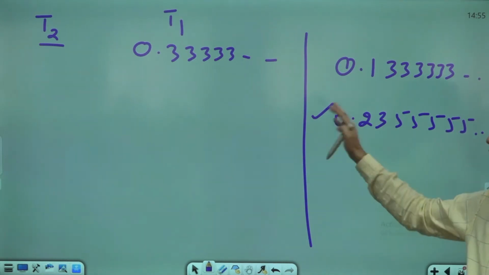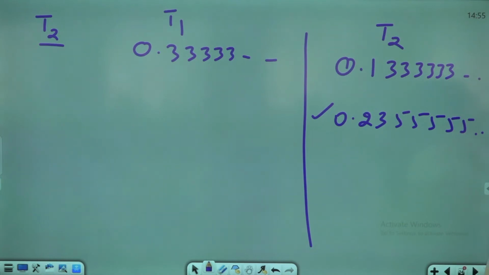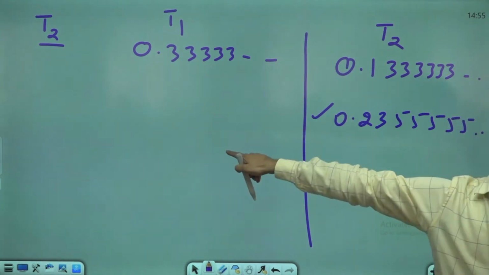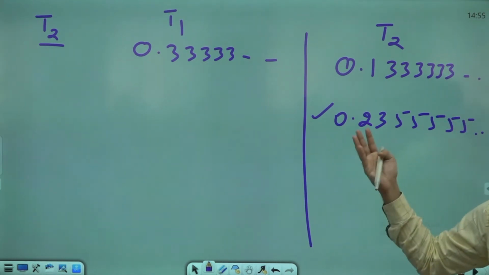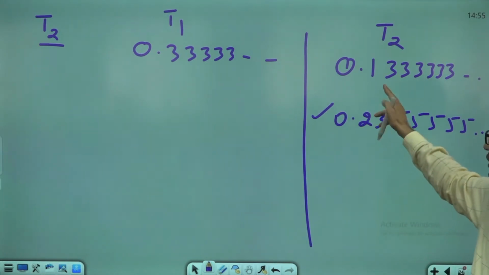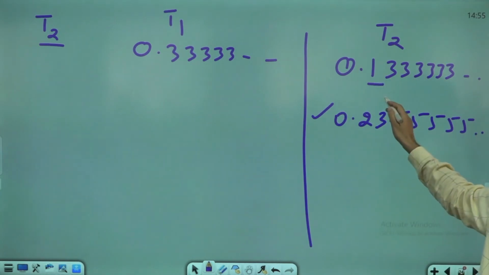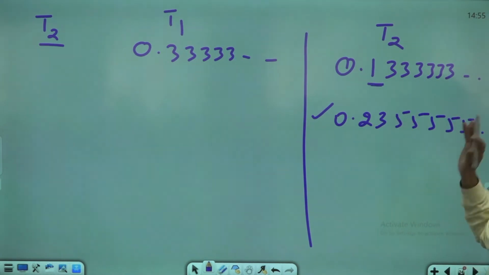And what is the similarity in type 1 and type 2? Repetition. Decimal से पहले दोनों में 0 है, 0 point something. I will take certain questions where before the decimal also we will have a digit, वो अलग type है. So here immediately after the decimal there is a repetition, but in type 2 after the decimal there are some digits, then there is a repetition.